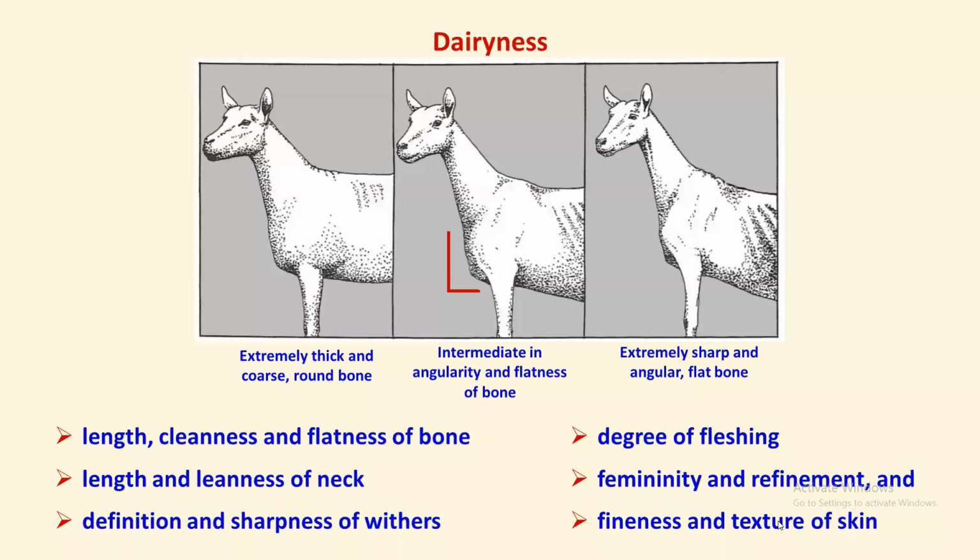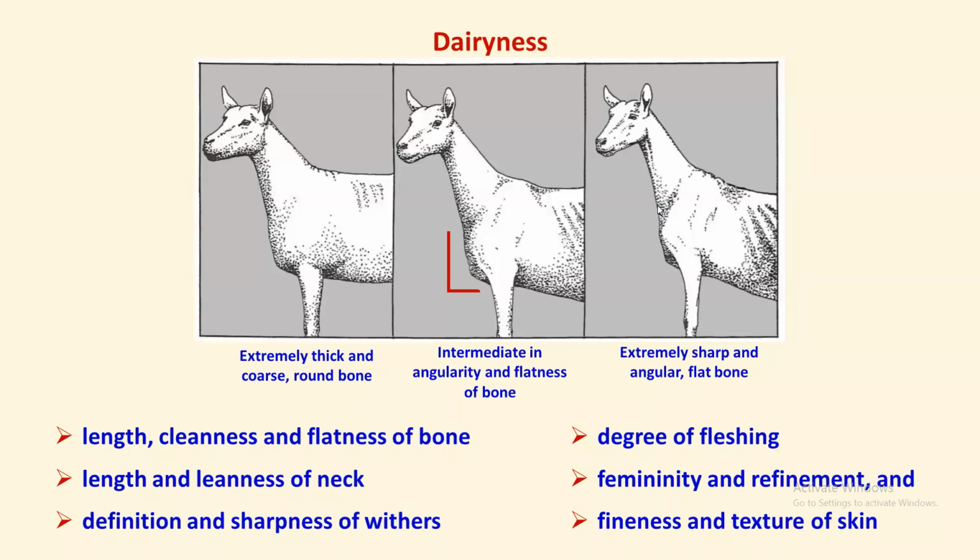It will be clear if you see the third animal. Compare the third animal and the first animal in this diagram. In the third animal, the shape of the bones is quite sharp, angular, and flat. You can palpate the bone from outside and find out the shape and how the angularity is visible from the outside.